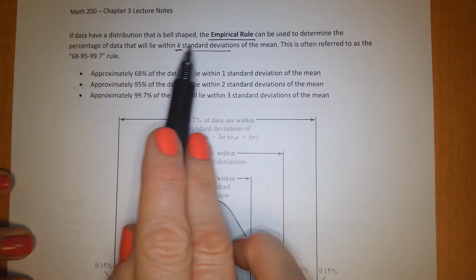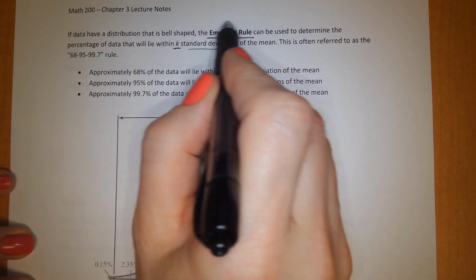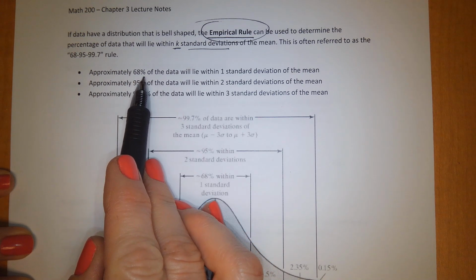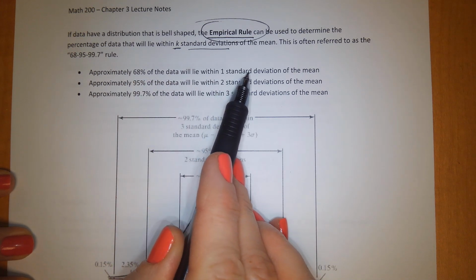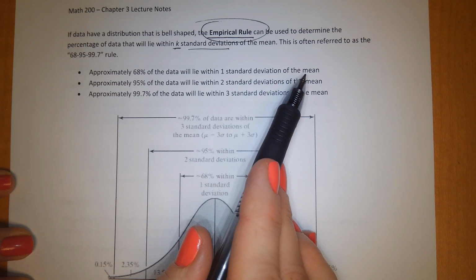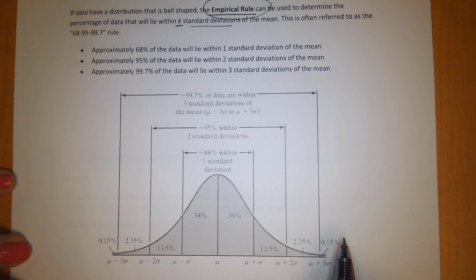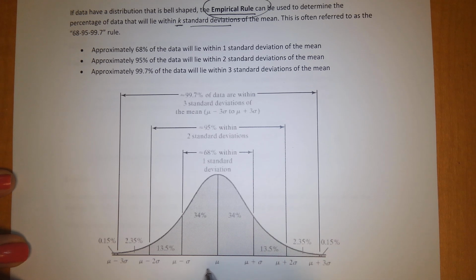By definition, what the empirical rule says is that approximately 68% of the data will lie within one standard deviation of the mean. So down here, if I look at my symmetrical curve, right here in the middle is mu, and let's recall what mu stands for, which is mean.